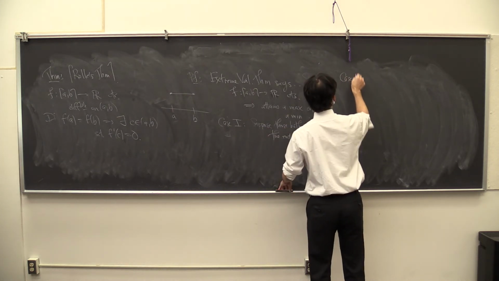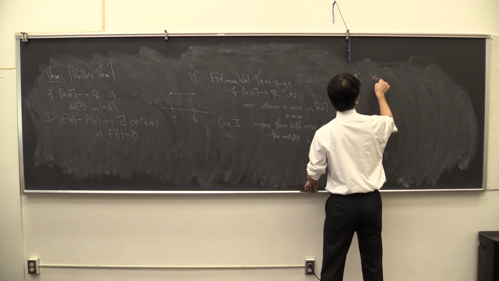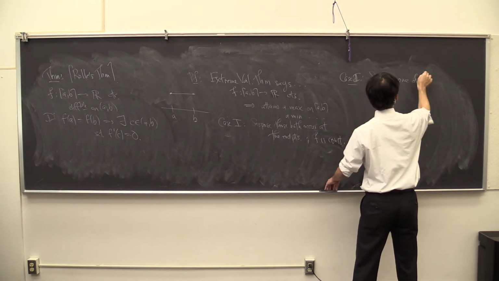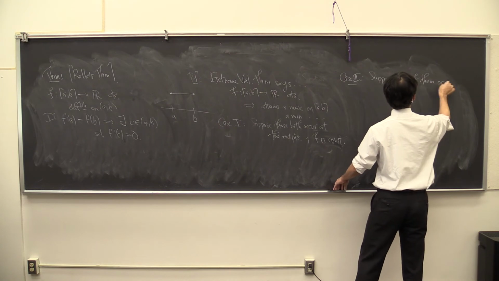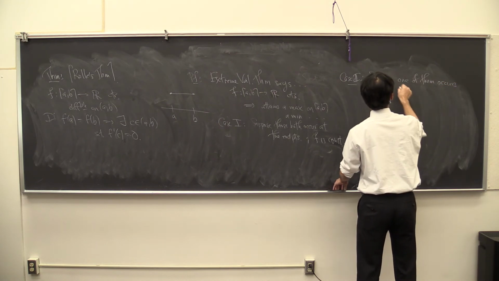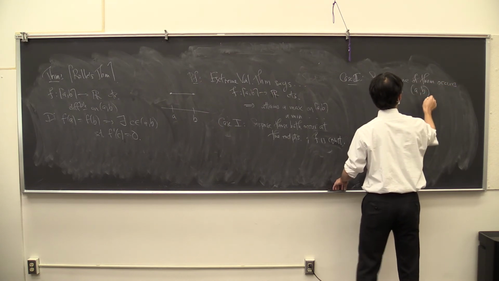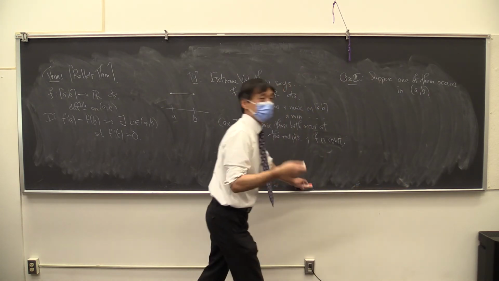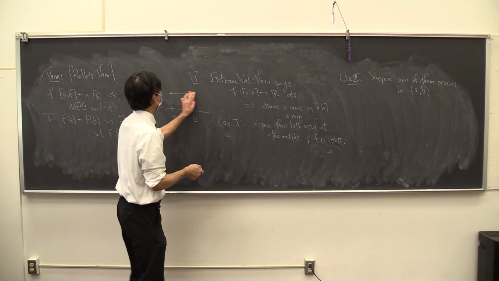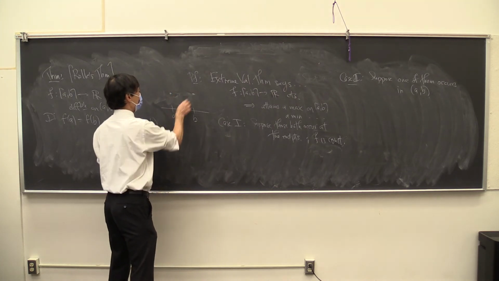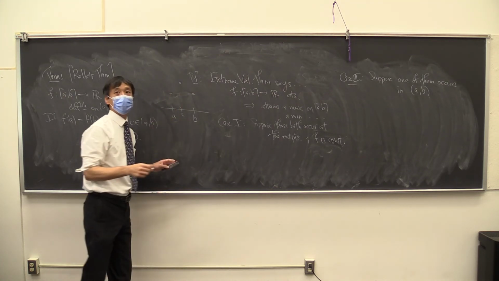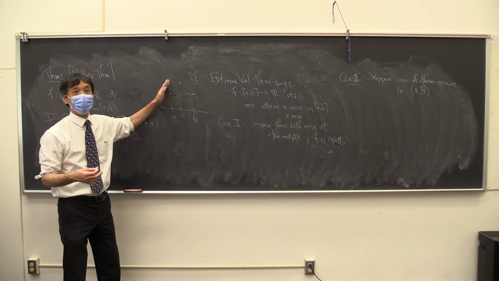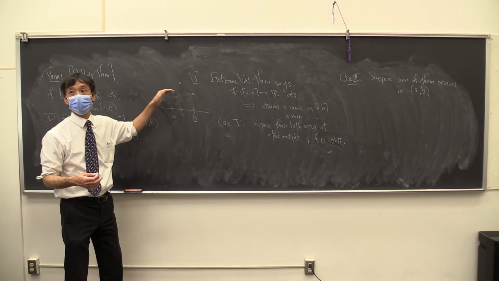Okay. Case 2, suppose one of them occurs in the open interval AB. Like, suppose there's a max. Suppose a max occurs in the middle someplace. Well, then by the previous theorem, the critical point theorem that we just said, the derivative is going to be 0 there.